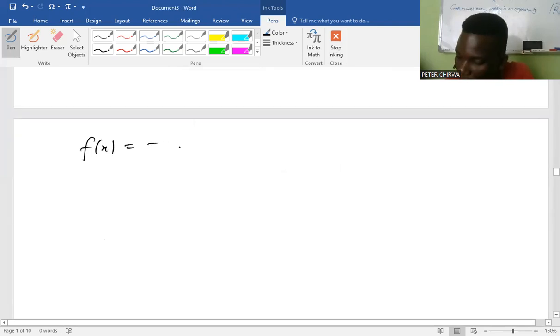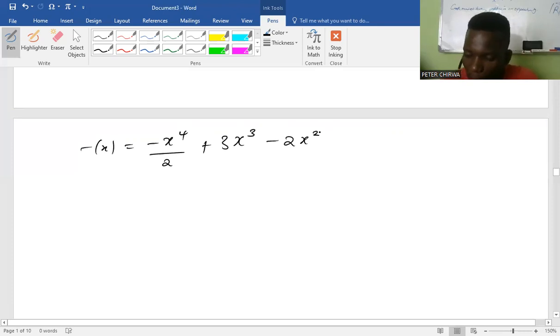So f of x over 2x squared. How do we differentiate that one? Okay. So we have the change in y with respect to x. It's going to be, we drop the power. Okay, we drop the power here, which is 4. And remember, we have a minus. Okay.